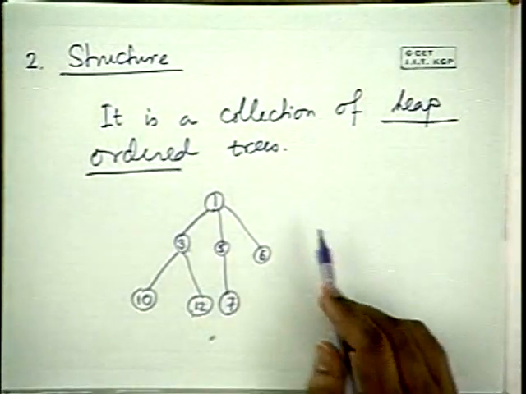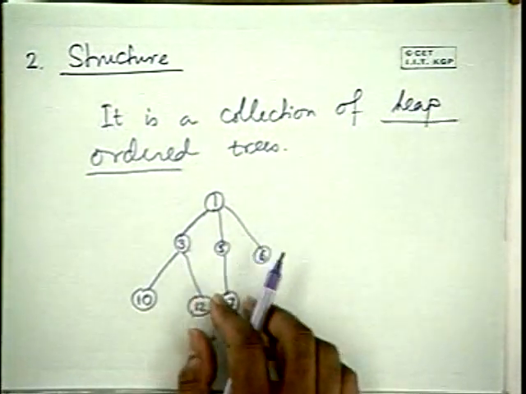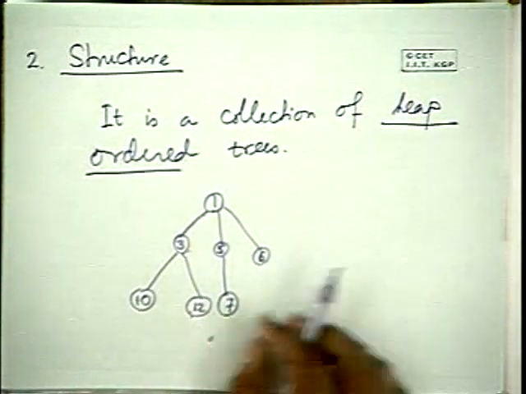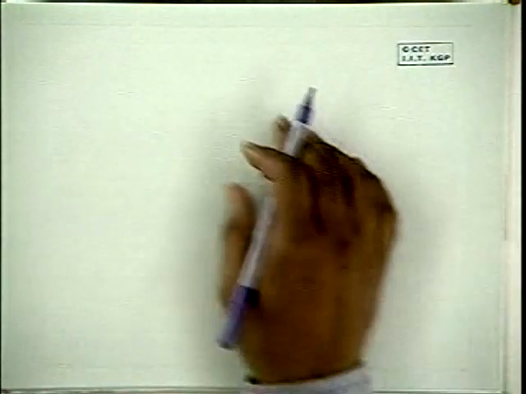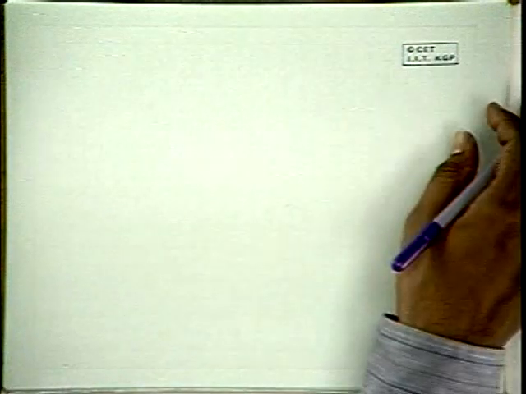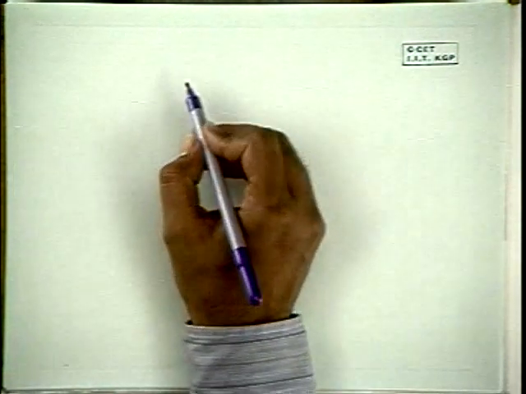Now, as I told you, Fibonacci heap is a collection of such heap ordered trees. But how do we represent these collections? Before I go over the collection, let me tell you a little bit more about what this data structure uses on each of these heap ordered trees.